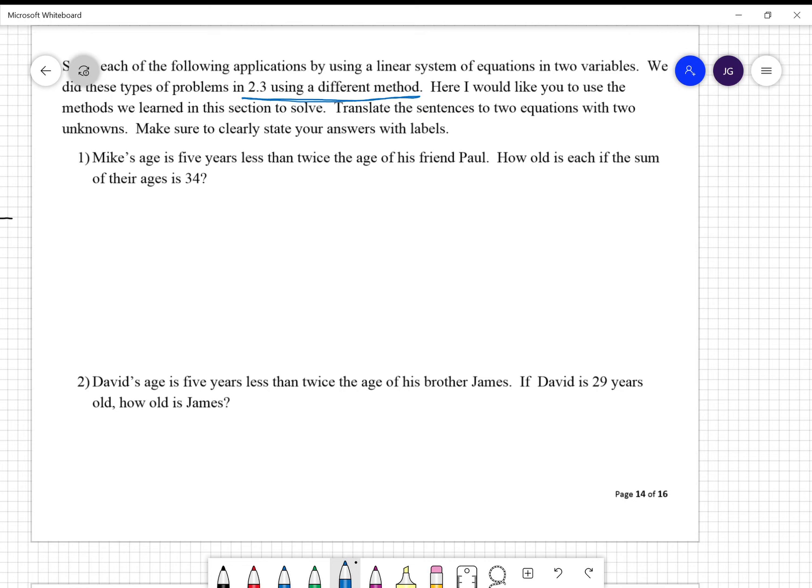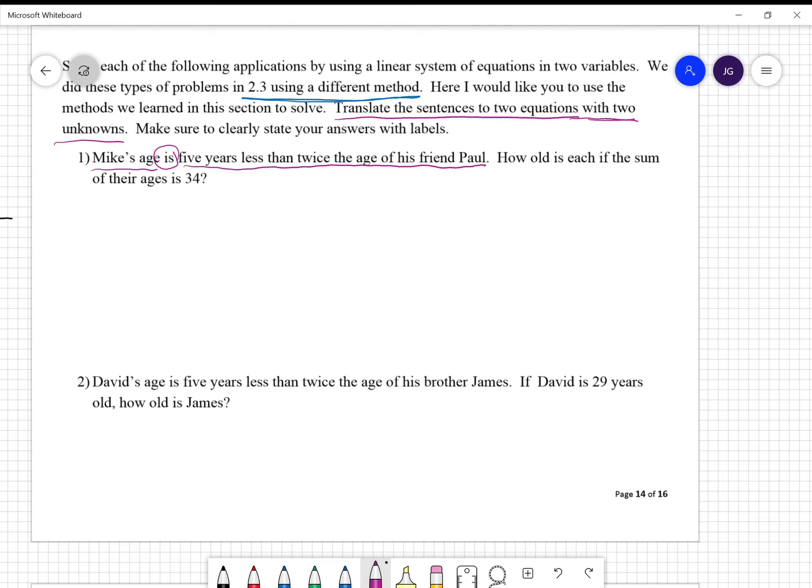So we're going to translate the sentences into two equations with two unknowns. In the other lesson, we looked at the comparison between the two, and we wrote down variable expressions. Here we're going to write two equations. Mike's age is 5 years less than twice the age of his friend Paul.